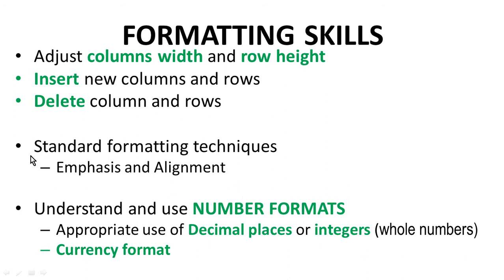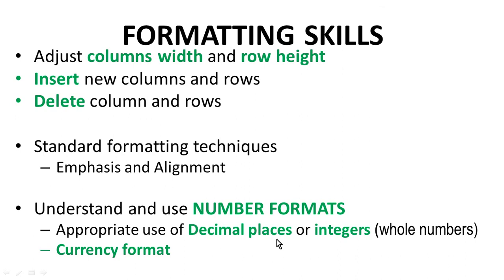You also need to know the standard formatting techniques, which you should know from Word and PowerPoint. Things like bold, italic, underline, and alignment, such as left, right, center. You will know how to do all those things, but we will quickly cover them in the video. And also understand how to use number formats. What we're talking about there is appropriate use of decimal places or integers.